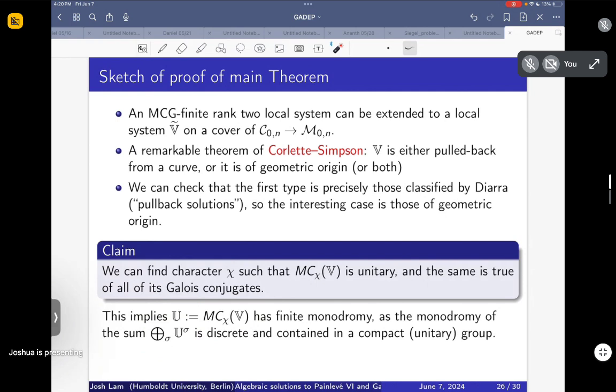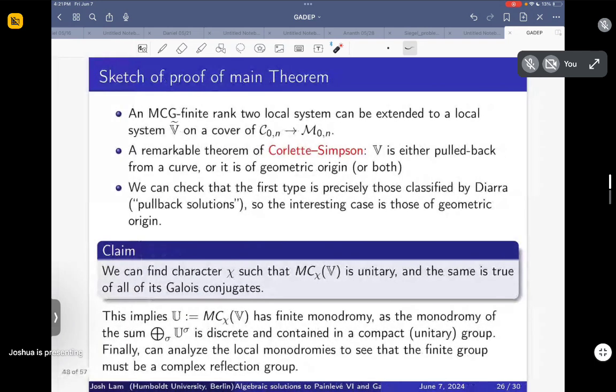And so the monodromy has to be finite, because it's discrete and inside of this compact group, the unitary group. And then finally, this is a local system of finite monodromy. And finally, you can just analyze the local monodromies to check that the finite group has to be a complex reflection group. And that was the theorem.